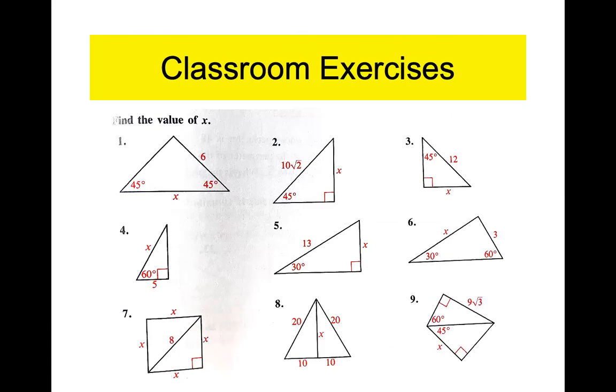We are told that the diagonal is 8, and we said from the previous slide that the diagonal, which is C, is equal to A root 3, where A is the leg. In this case, the leg is x, and we know that C is 8. So could you solve that for x? Yes. It's 8√3/3.